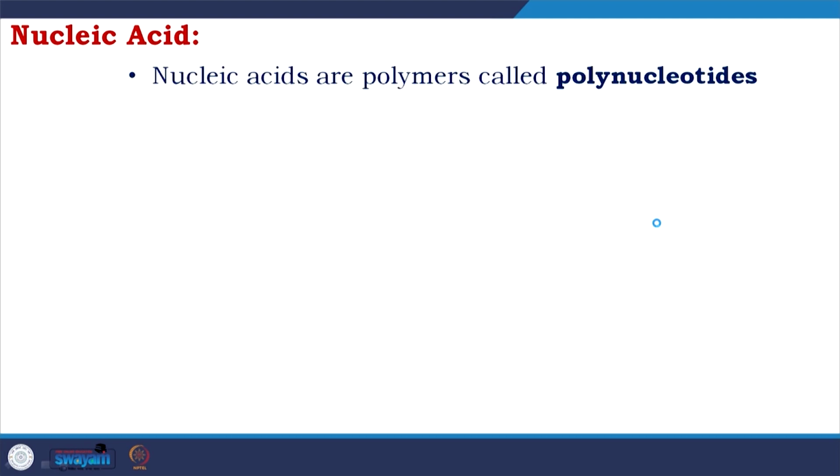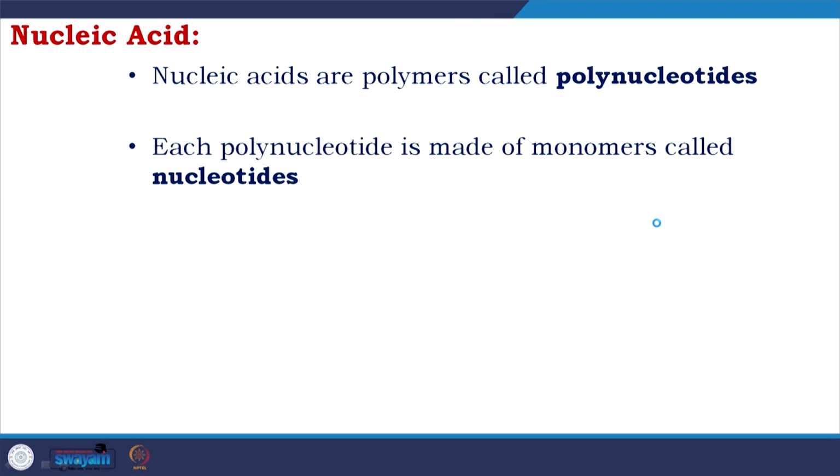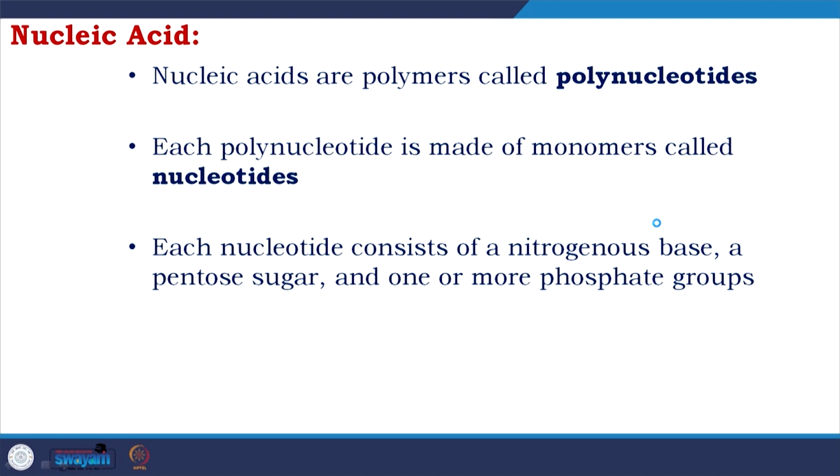Coming to nucleic acids, they are polymers called polynucleotides. Each polynucleotide is made of monomers called nucleotides. Each nucleotide consists of a nitrogenous base, a pentose sugar and one or more phosphate groups. Depending on them, it is called mono-, di-, or triphosphate.